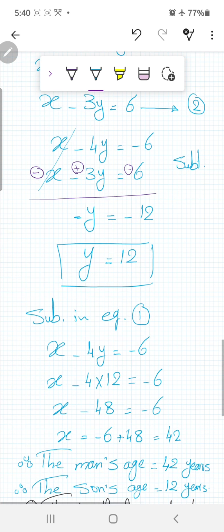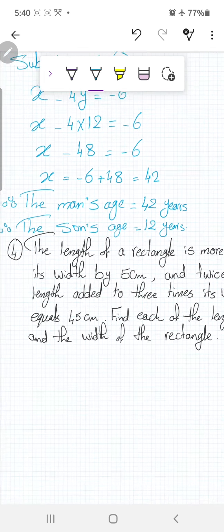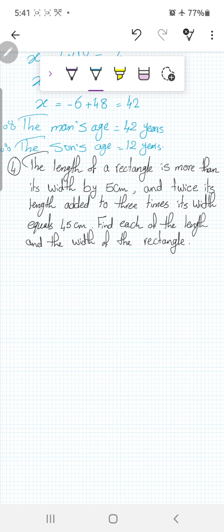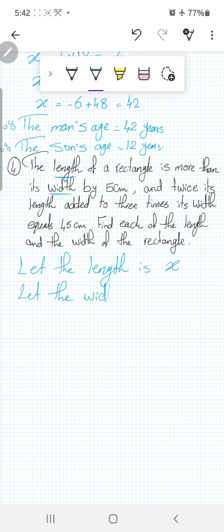Okay, let's take the last example. The length of a rectangle is more than its width. So here we talk about the length and the width. So suppose that the length is x and the width is y.